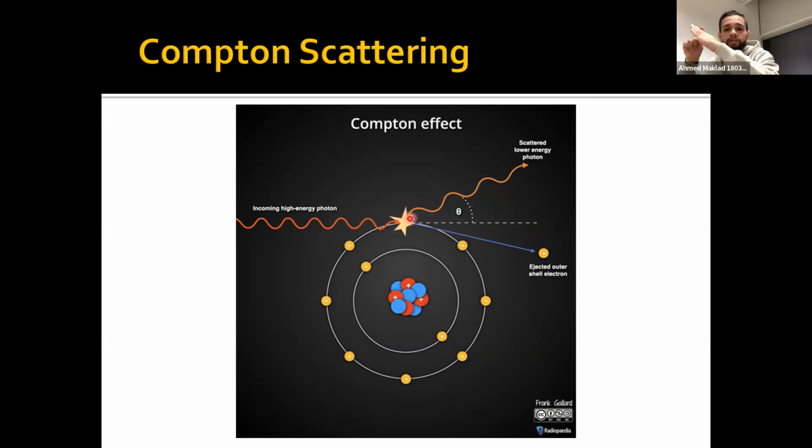But this bouncing is going to be lower in energy because it wasted energy trying to knock that electron out. So it had 100, and this electron is 50. The photon has 100. It will waste 50 on this electron to knock it out, and then it will bounce out as a lower energy photon. It will be 50 because it wasted 50 on the electron. I said 50 a lot.